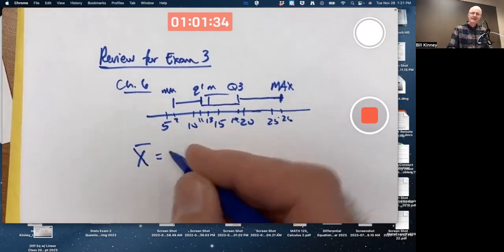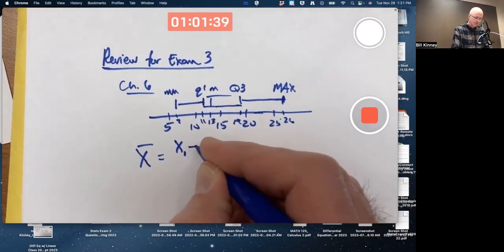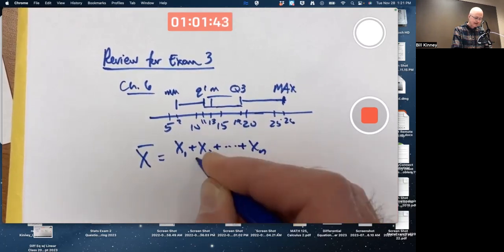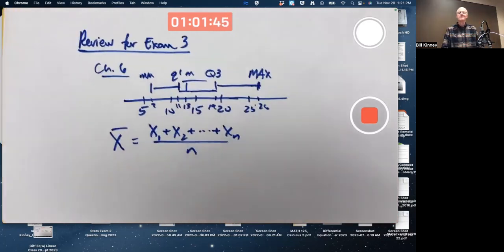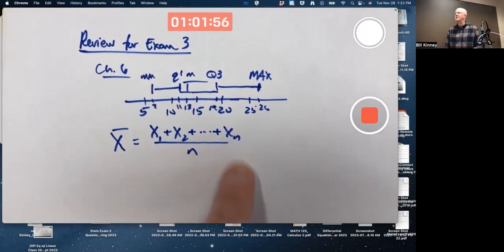What is it? Based on a random sample of size n from a distribution, capital X1 through capital Xn, it is this formula. Remember that for us in this more theoretical probability and statistics course, when I use capital X1 through capital Xn, that's a random sample.